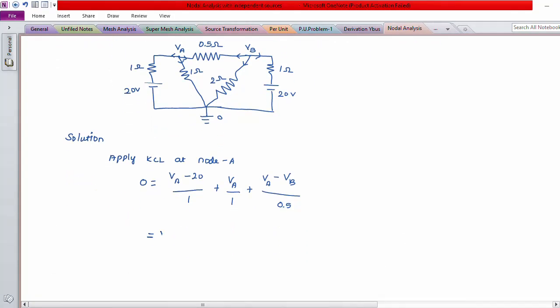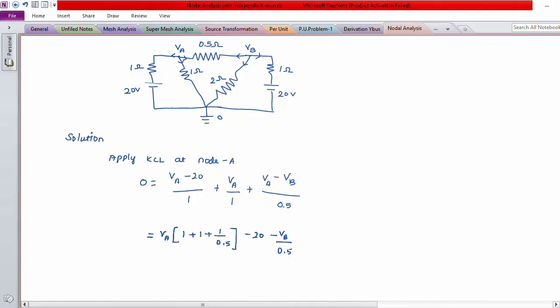Now combine the equations for VA and VB. Here we can take VA outside, so we write VA times (1 plus 1 plus 1 by 0.5) minus 20 minus VB divided by 0.5.